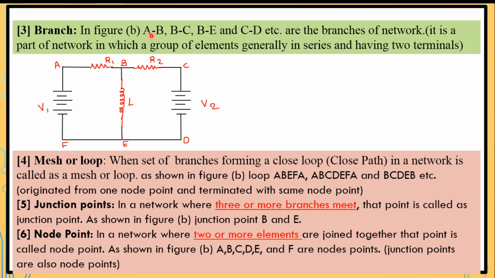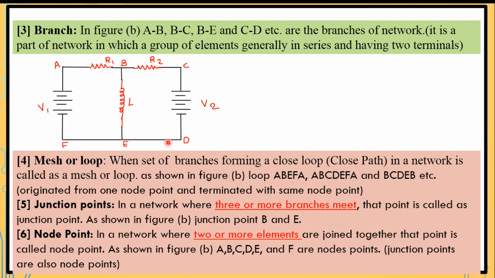In figure B, AB consists of the R1 resistance, this is one branch. BC consists of the R2 resistance, that is another branch. BE consists of the inductance, this is another branch. CD consists of a voltage source, this is also another branch. AF consists of a voltage source, this is also another branch.